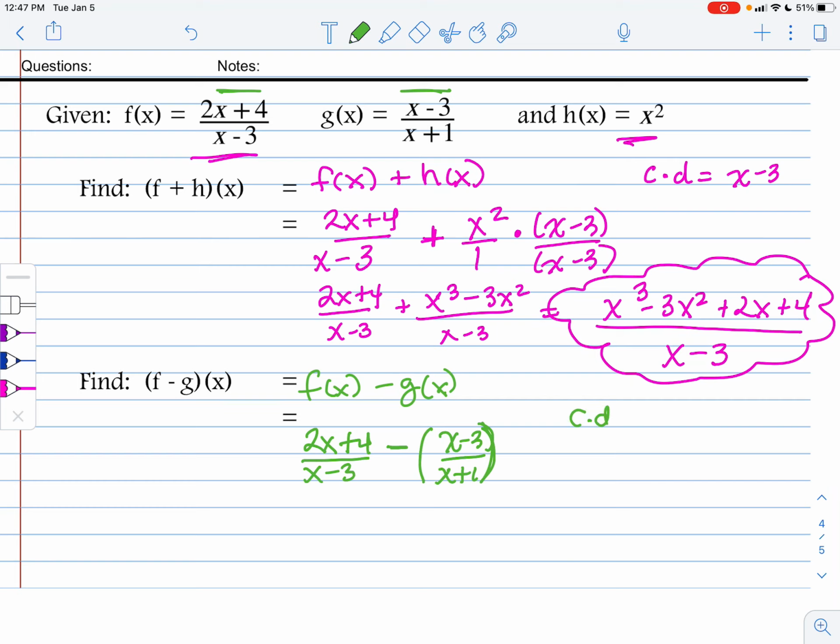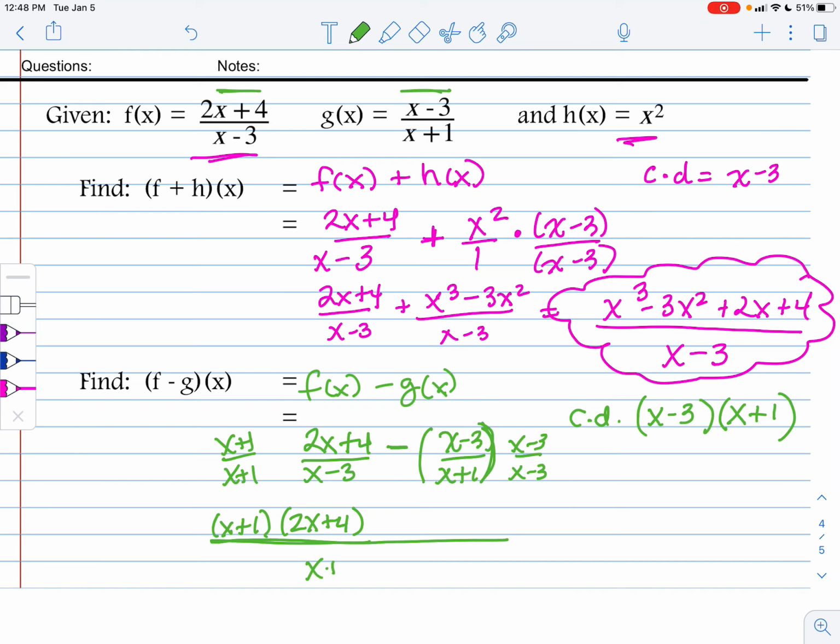I need to find my common denominator. My common denominator is going to be these things multiplied together. So this one is missing this chunk, and this one is missing this chunk. Look at more FOILing. So let me just write this out the way it is here. I've got x plus 1 times 2x plus 4, all over my common denominator. And I'm just going to do the whole thing now.